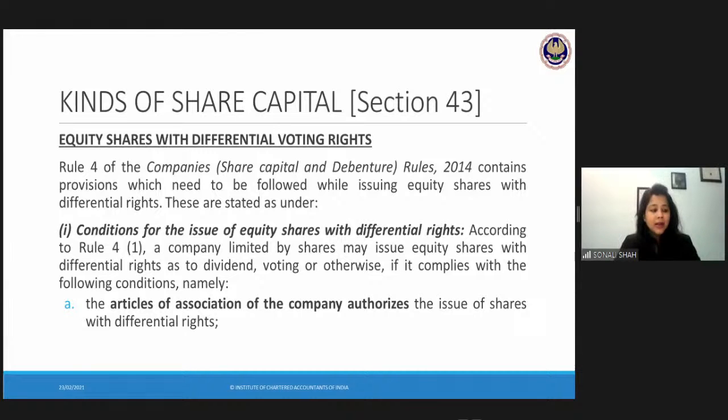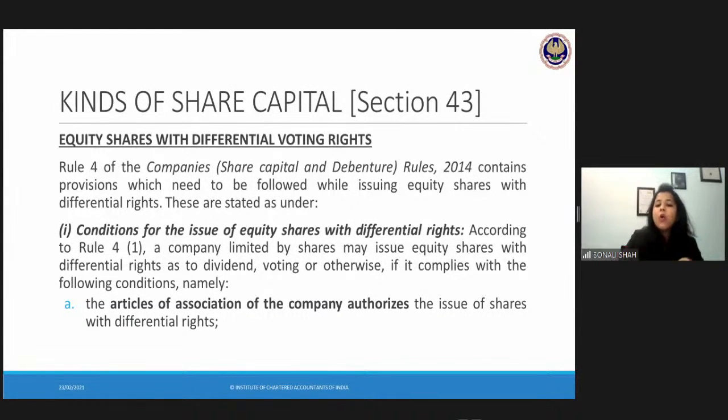At that time in 2000, I think Tata Motors Limited issued DVR equity shares with a dividend of 5%. In case of DVR, you generally see that the rate of dividend available to a DVR holder is higher than the rate available to the equity shareholder with regular voting rights. Because they have a higher rate of dividend, their voting rights are reduced. So maybe on 10 shares, they have 1 vote instead of 10 votes. This is what is understood by equity shares with differential voting rights.